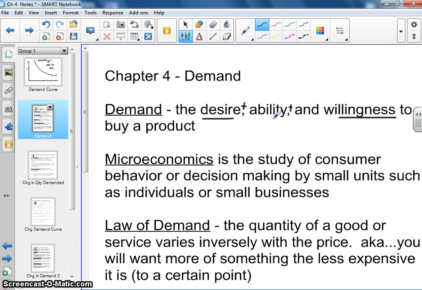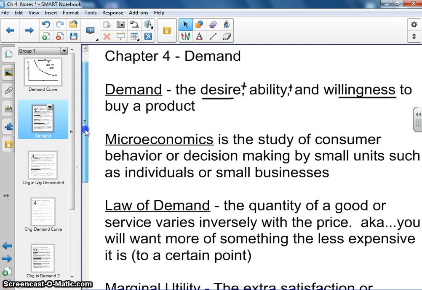You may want the cheeseburger. You may be hungry and want the cheeseburger. You may have the willingness to buy the cheeseburger, but if you don't have the money in your pocket to purchase that cheeseburger at whatever the price is, $2, $3, $1, that doesn't happen. The transaction doesn't happen in the market if you don't have all three: desire, ability, and willingness.